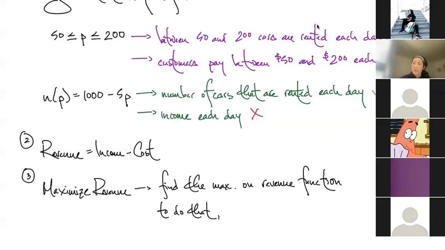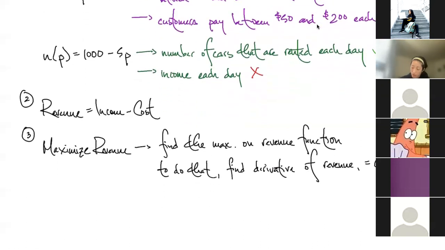All right, so we want to make sure that this procedure here is something that we feel really confident on, okay? So I'm seeing folks send me things that look like find the derivative of revenue, set it equal to 0, and solve, okay? And that is precisely what we're going to do.